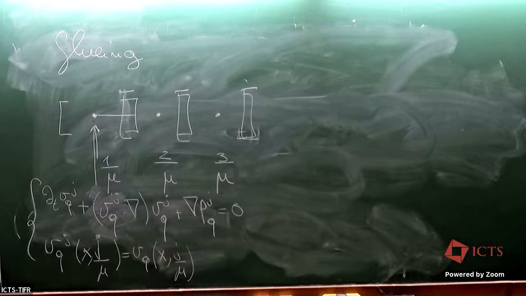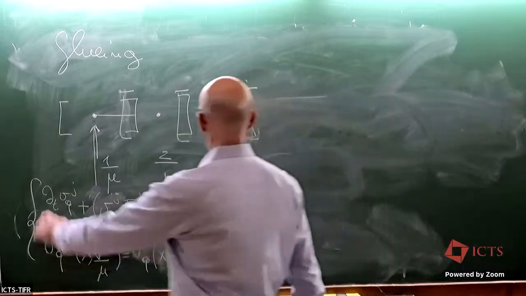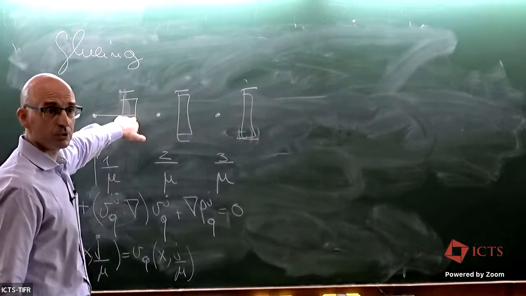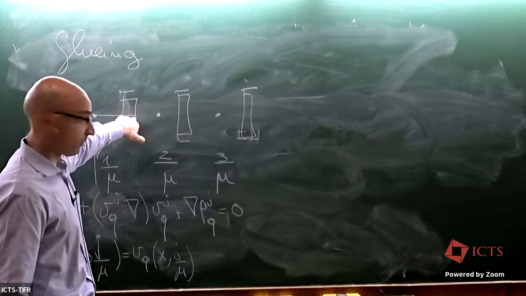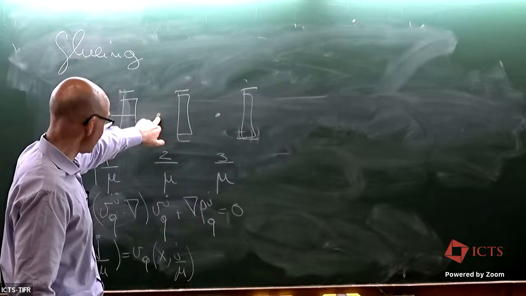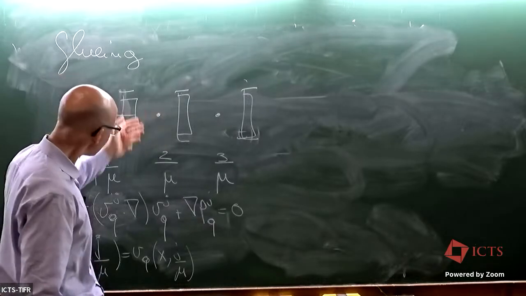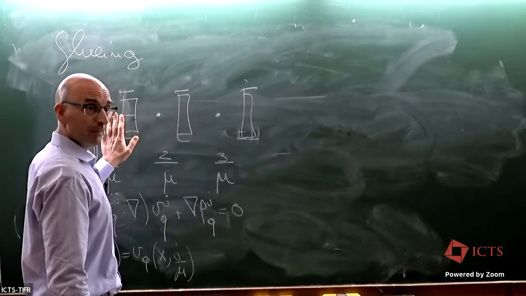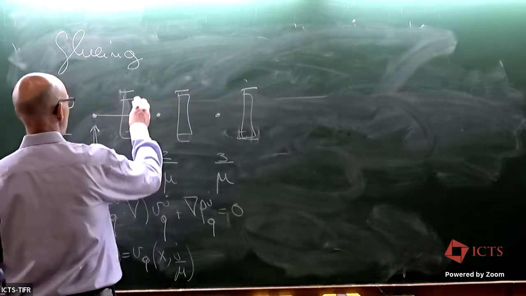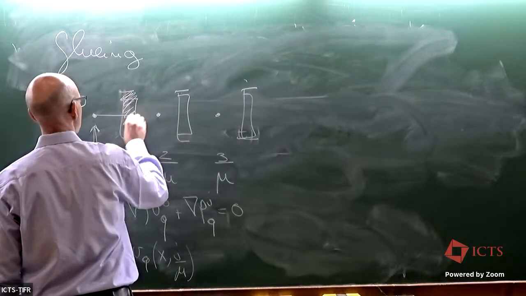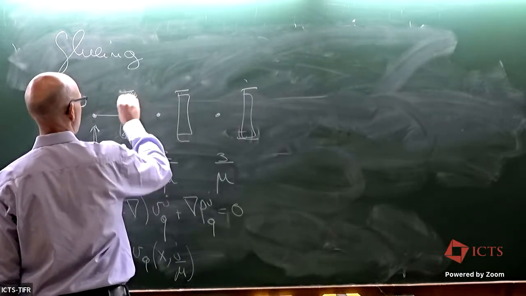So now, this is a good solution up to here, but then it even ceases to exist, let alone being good. So what are you going to do? You construct another solution over here, and now make a partition of unity to glue these solutions together. Of course, the partition of unity will destroy the Euler equation, but it will destroy it over here.